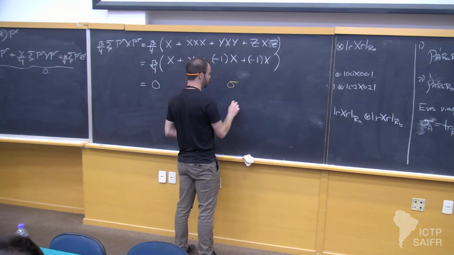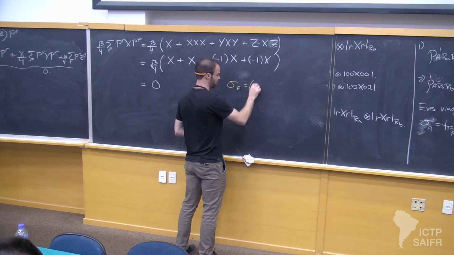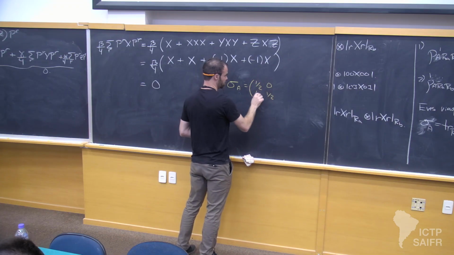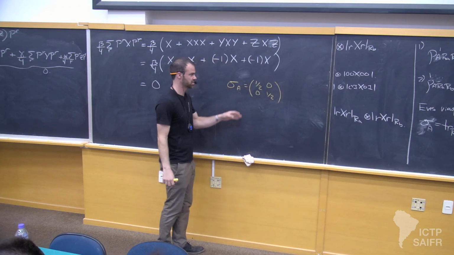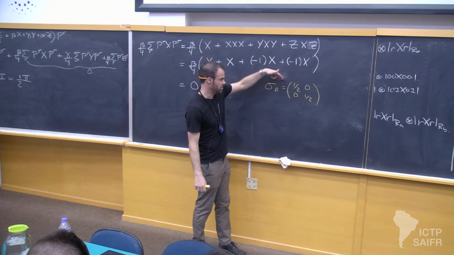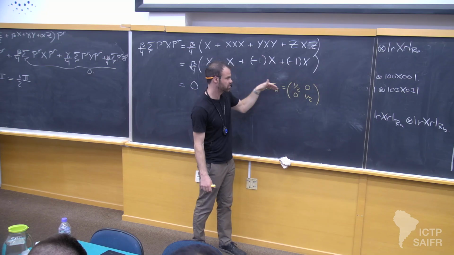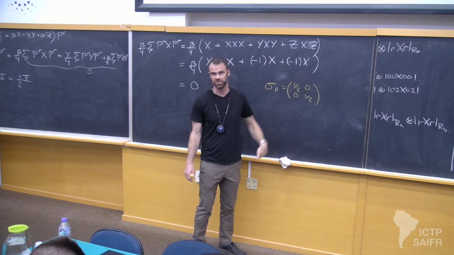Okay, from some other class on quantum mechanics, you learn that if this density matrix is what's called maximally mixed, it's just diagonal, and the entries on the diagonal are all, if it's a 2 by 2 matrix, 1/2, 1/2.